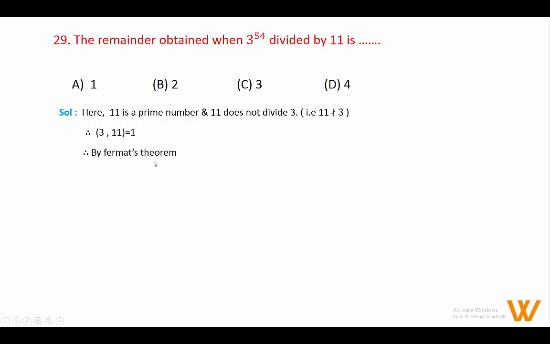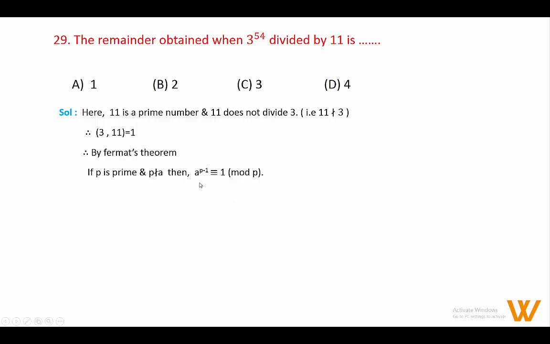Now we know Fermat's theorem: if p is a prime and p does not divide a, then a raised to p minus 1 is congruent to 1 mod p. Here p is equal to 11 and a is equal to 3.